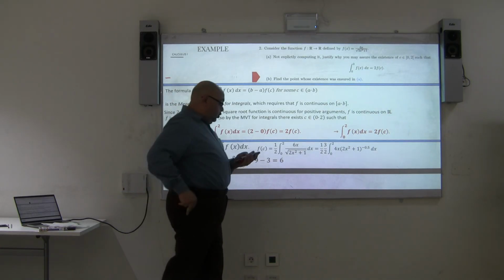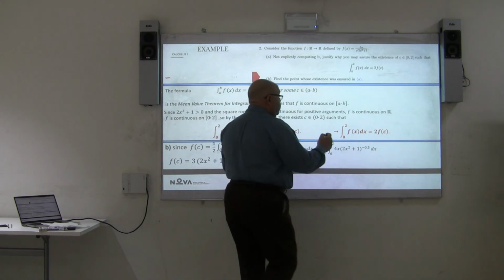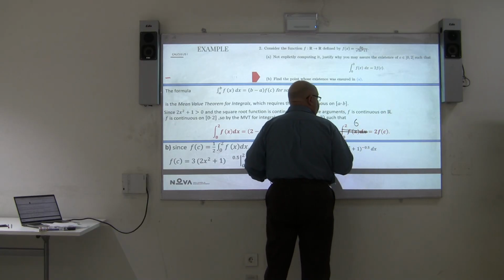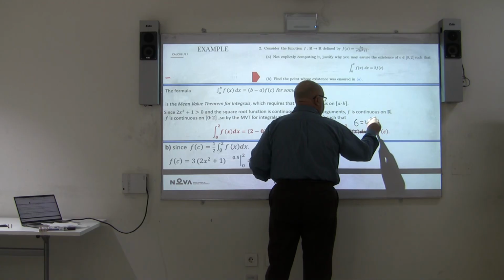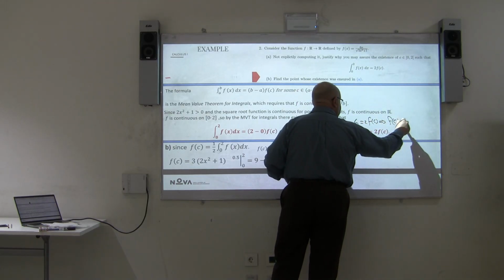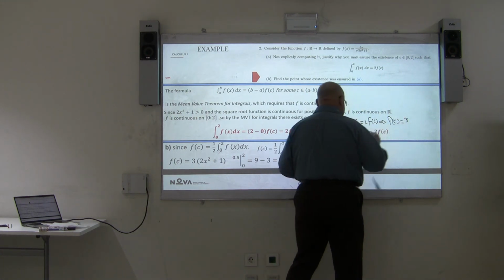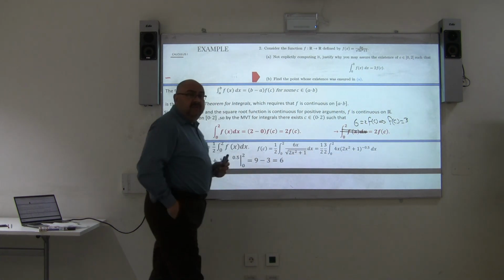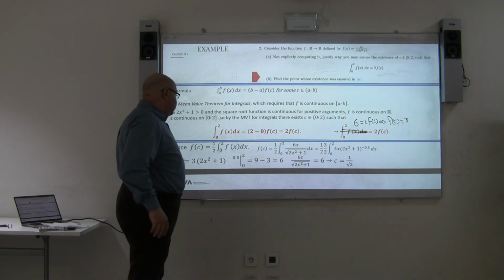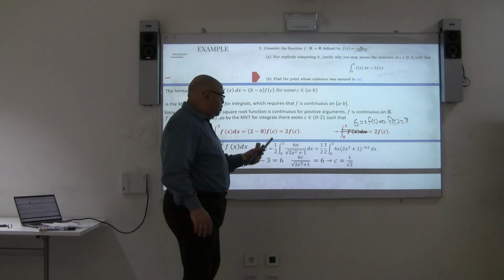Now I will get back to this rule. This part is equal to 6, am I right? Which is equal to 2 times f of c, which means f of c is equal to 3. Once you have f of c equal to 3, you come to this result. I'm sorry, this is f of c, which is equal to 6, as I told you.